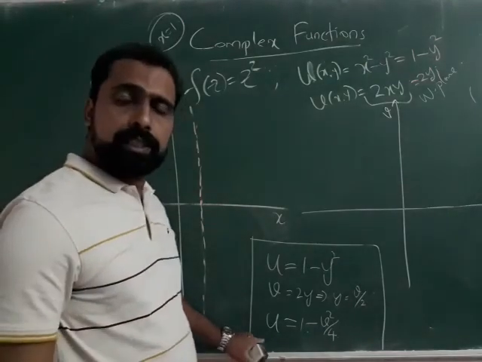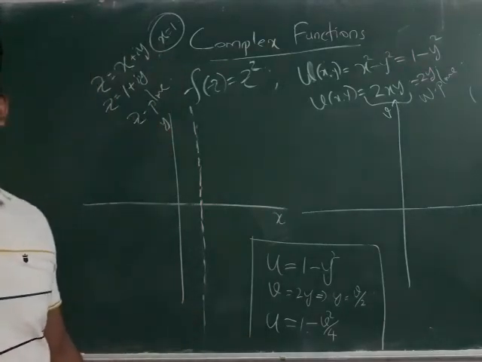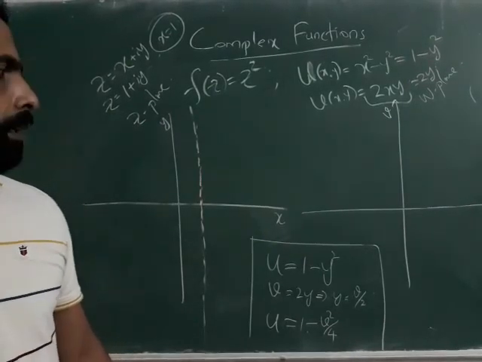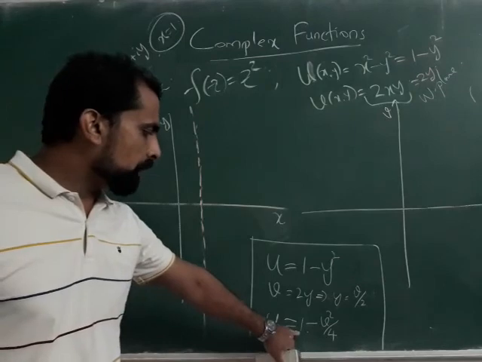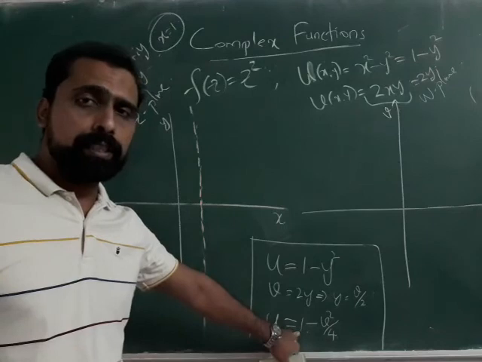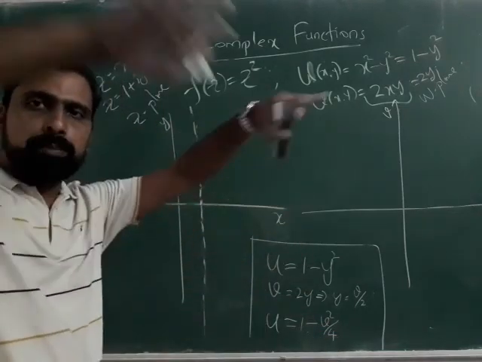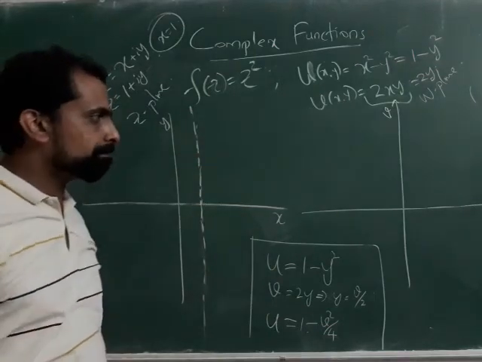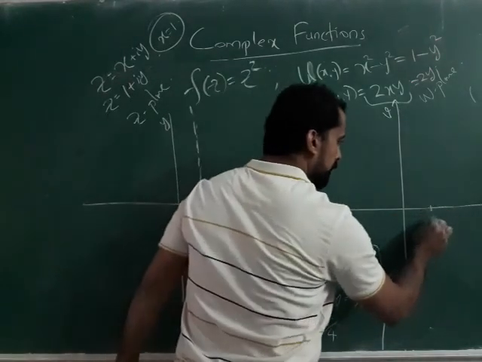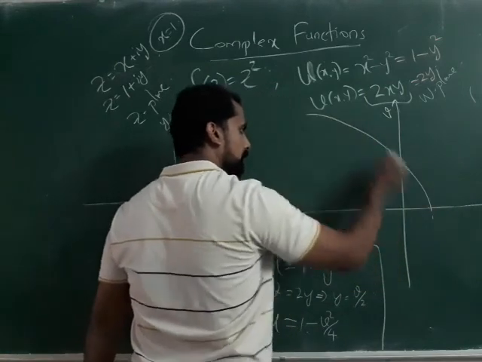Now this is an equation for a parabola, and the important thing is the vertex. It is located at 1, and since it is minus v square by 4, it opens towards the negative real side. So the vertex is located at 1, and it will be something like this.